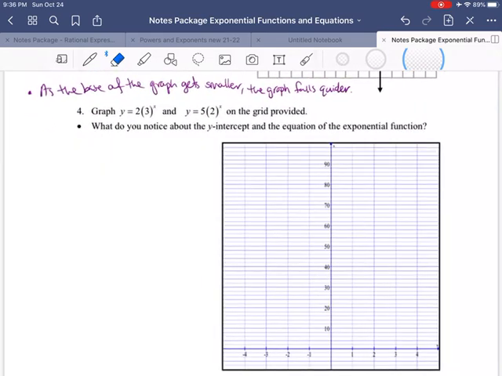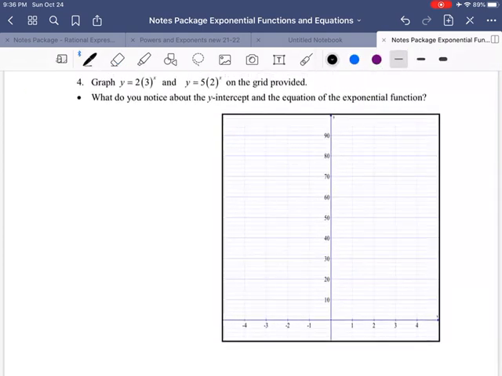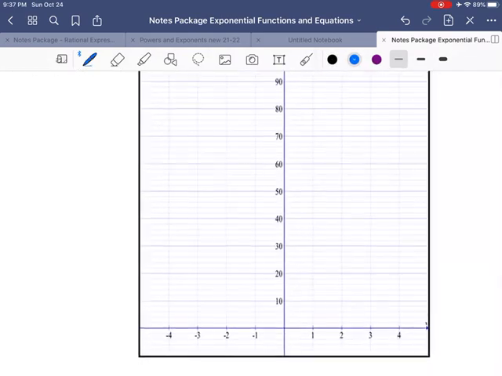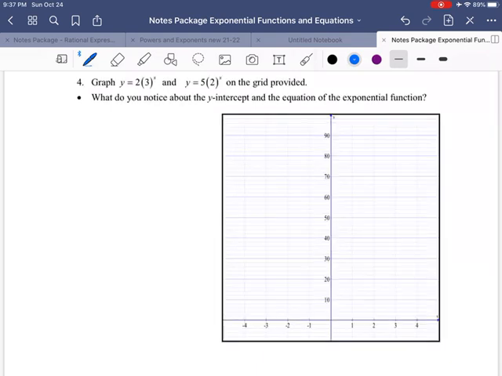So graph these two functions on the grid provided, and let's see what happens here. y is equal to 2 multiplied by 3 exponent x, and y is equal to 5 multiplied by 2 with an exponent of x. So let's check these out. The first one is going to give you something in the range of like 35, somewhere up there.